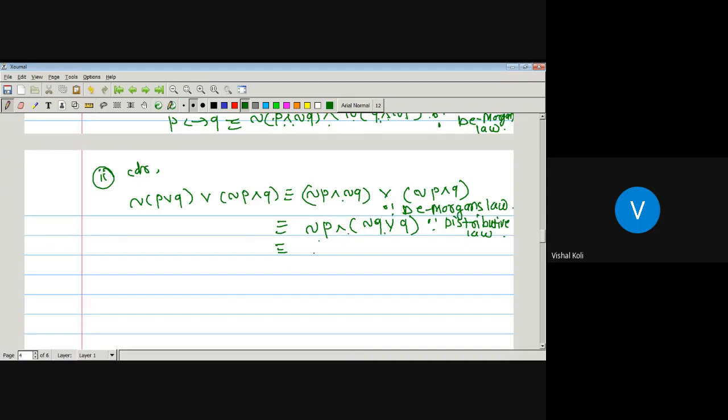Now negation of P or Q as it is, and negation of Q or Q: if Q is the given statement, then Q or negation of Q is nothing but always true. So which is negation of P or T, which is by complement law. And lastly, negation of P and T, which is nothing but negation of P, which is by identity law.